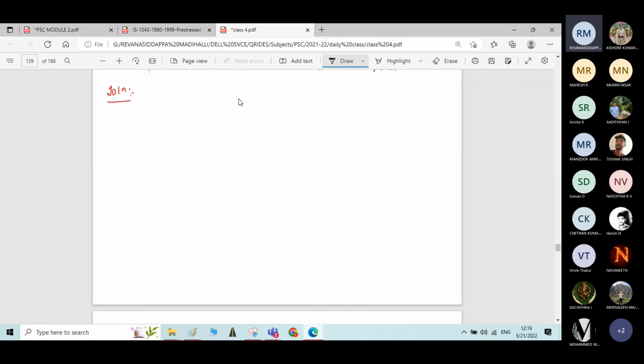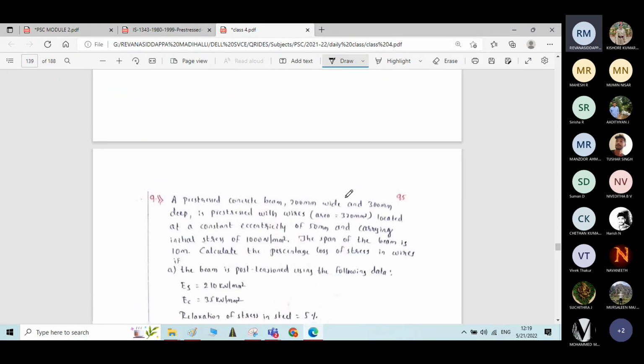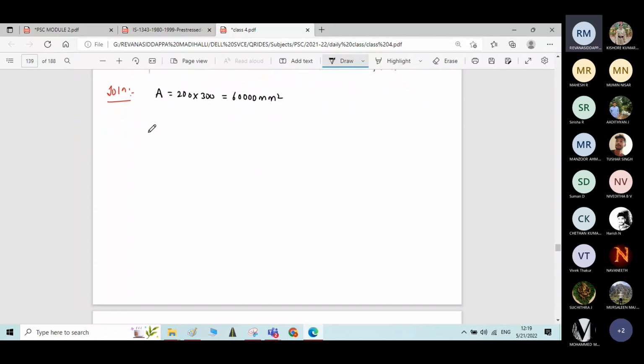The area of cross section is given. Area is equal to 200 by 300, that is 60,000 mm square, and the area of wires is given as 320 mm square.